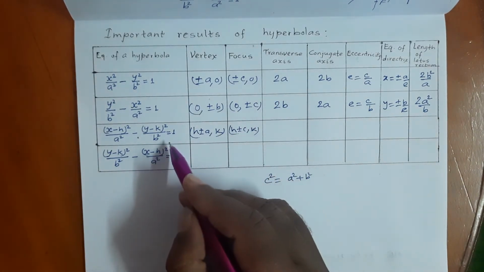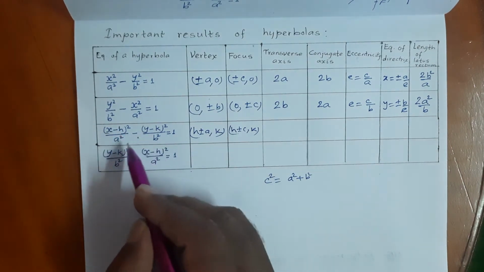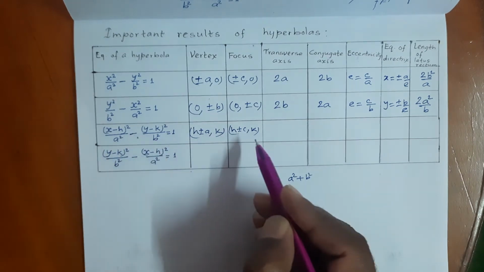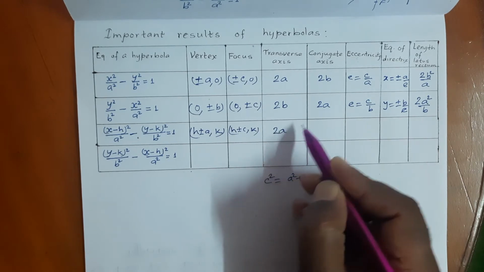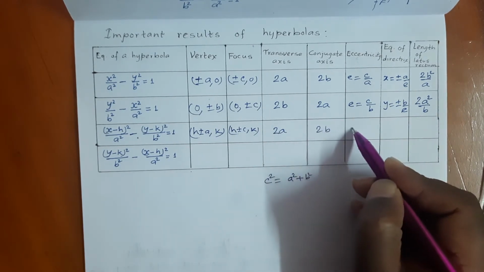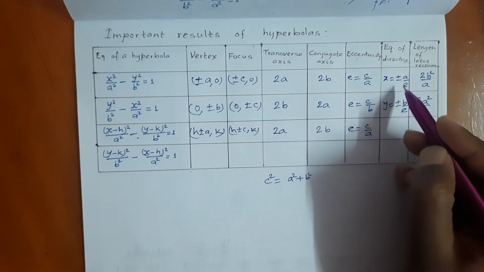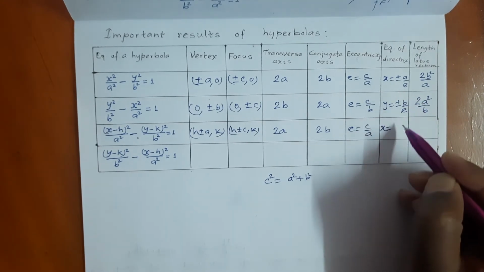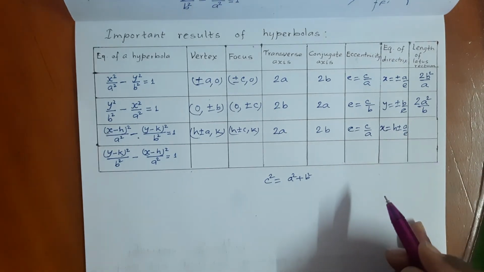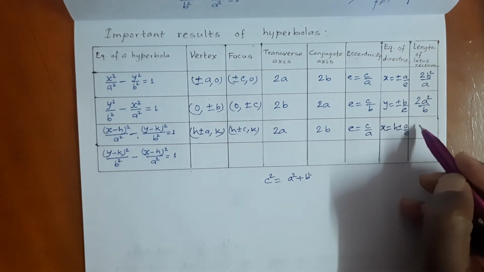Only the hyperbola will be shifted parallel to x-axis, but its size does not change, so transverse axis length will also be same, conjugate axis length will also be same, eccentricity formula will also be same, and here we need to add h to get the equation right. It is x equals to h plus minus a over e. Okay, only directrix is different, and the length of the latus rectum is also same.